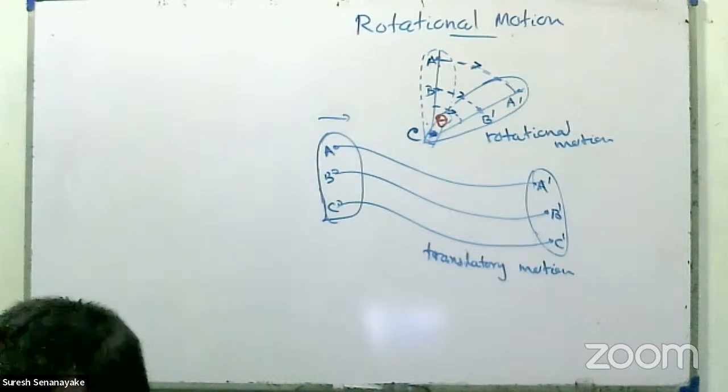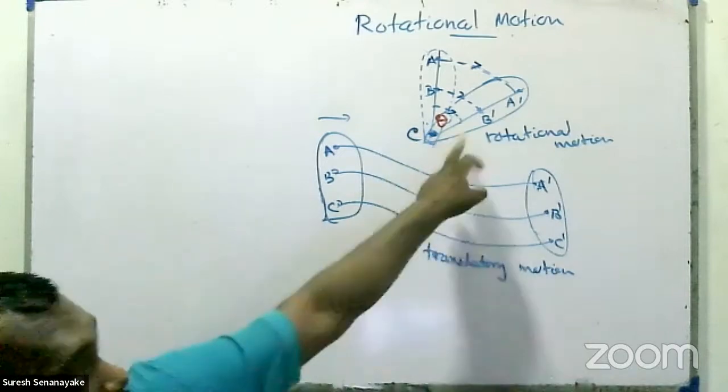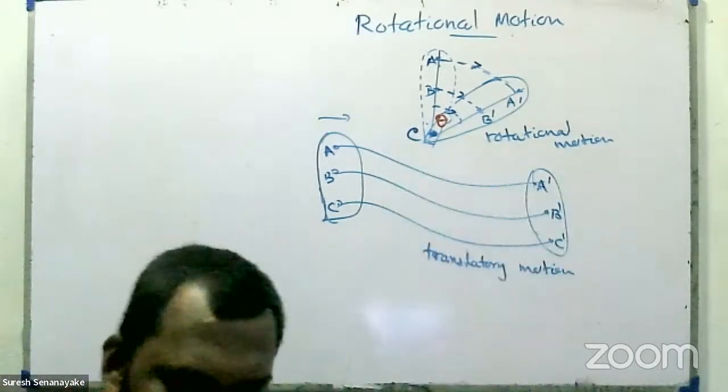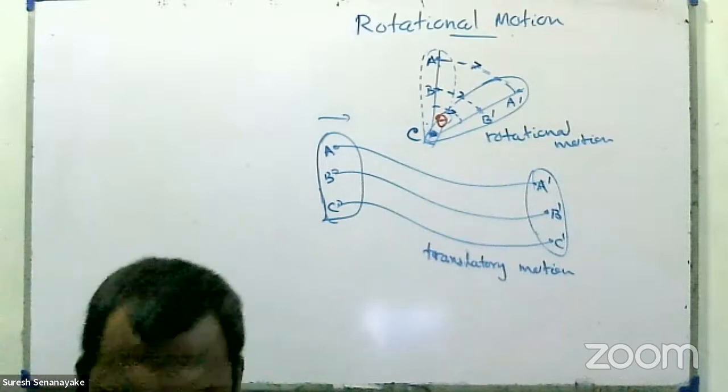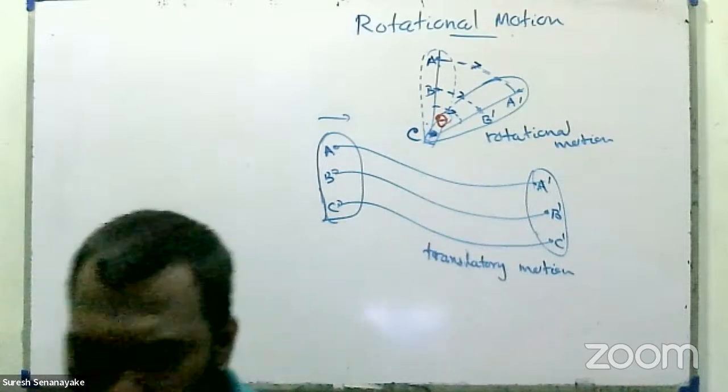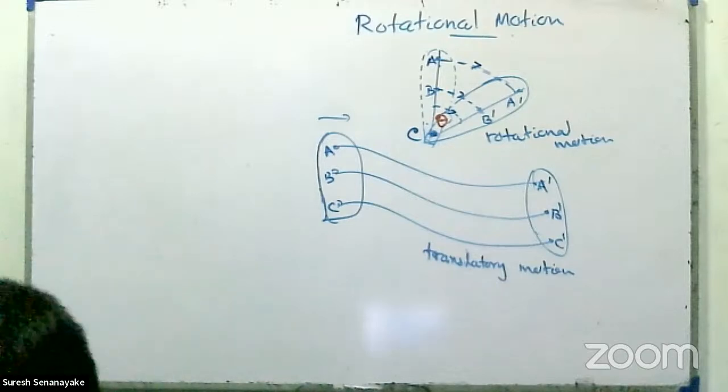Now you can draw this figure. They have the same angular displacement. All the particles have the same angular displacement, but different linear displacements.